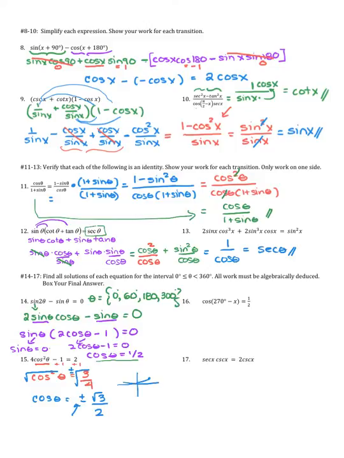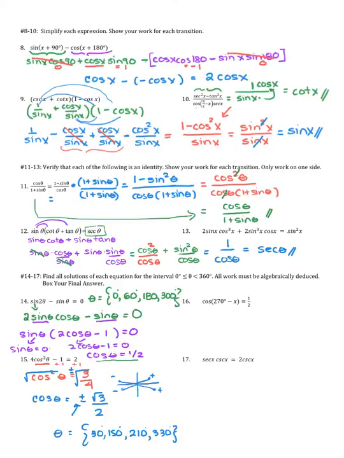Rad 3 over 2 is going to happen at all the 30-degree reference angles. So theta is going to equal 30, 150, 210, and 330. You'll have 4 different answers, and it doesn't matter because it'll be positive here and negative here.